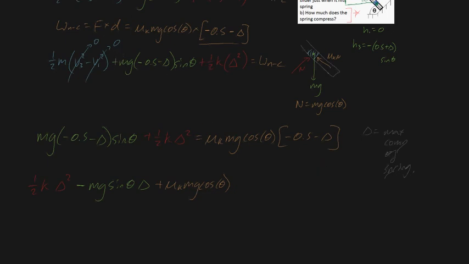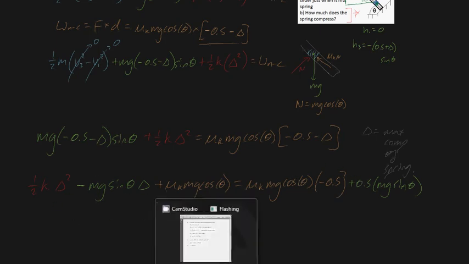And that's going to be equal to what's left on this side, which is mu k mg cosine theta times minus 0.5, and what's left over here, which is going to be plus 0.5 times mg sine theta. I'm running out of space again. There we go. And once you evaluate all these terms out, this is what you get.